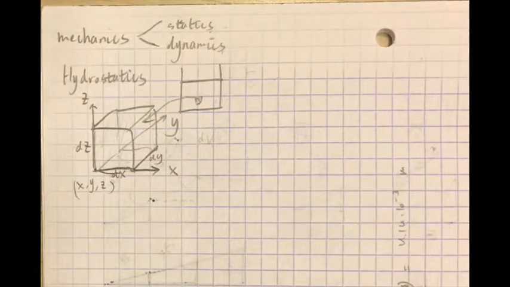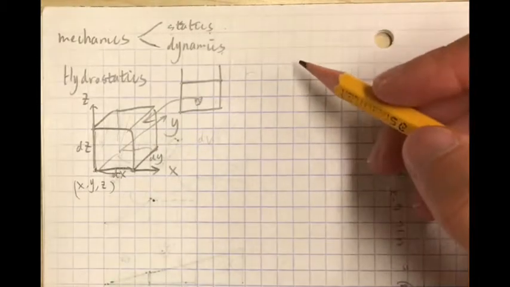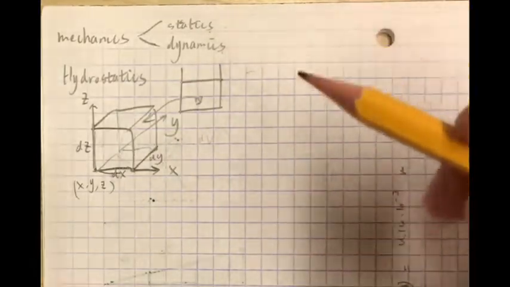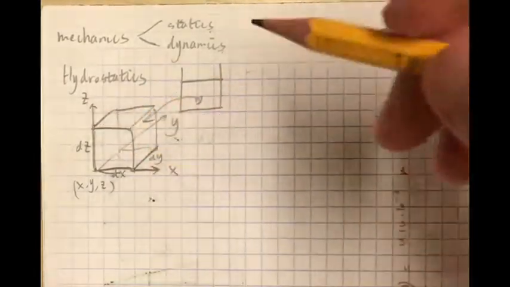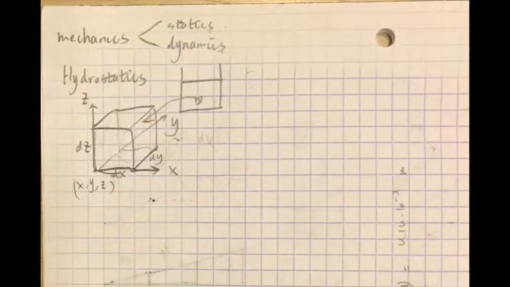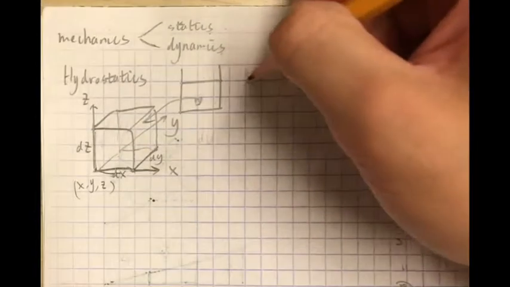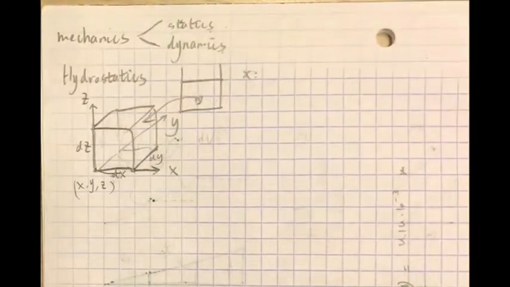Actually, we have 3. Because force is a vector, we can divide the equation into 3 components in x, y, and z direction respectively, right? So let's consider them one by one. Let's first say the x direction.